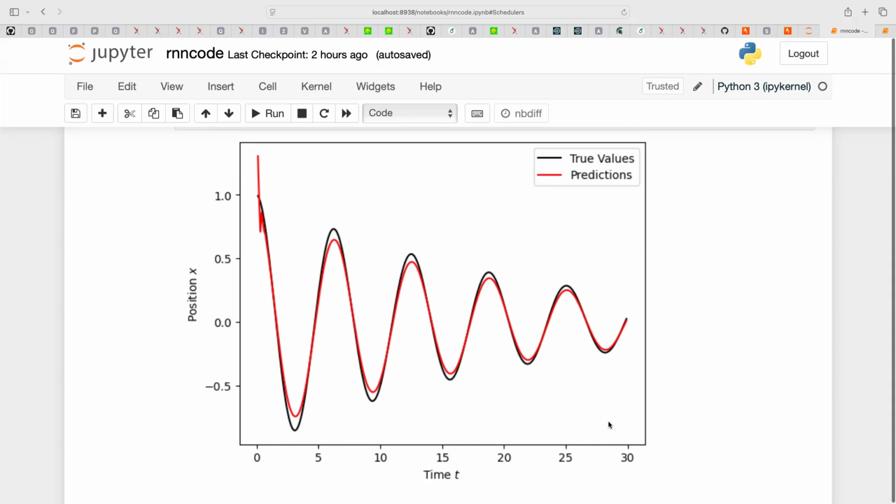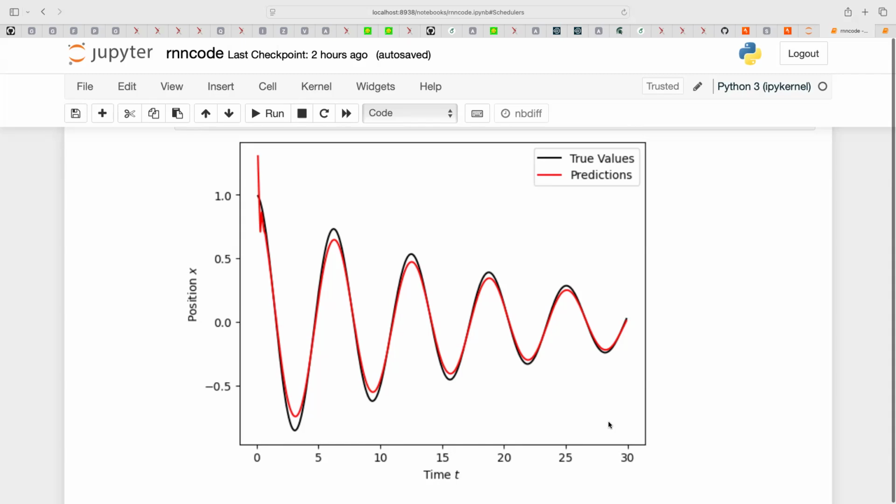But you can see now that the true values, so we've been training the data on a few data points. So essentially beyond the time 10 here, we're actually making a prediction. And it's actually pretty good. And this is just a damped oscillation.